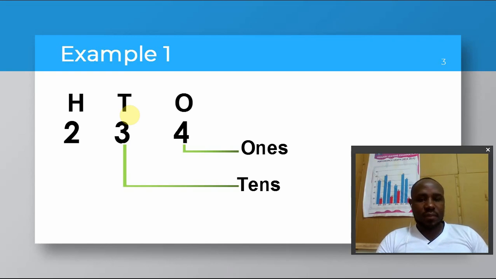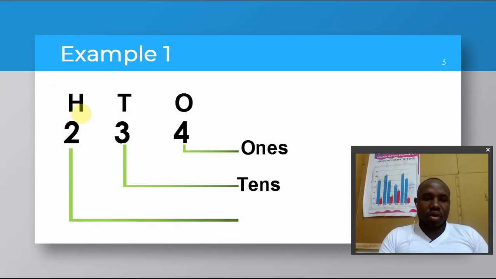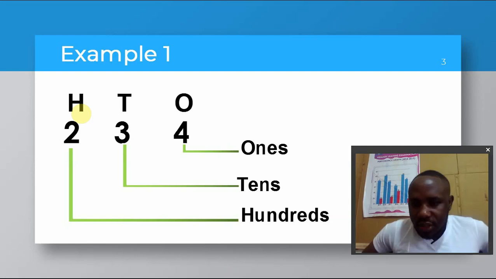Okay, let's look at the last digit. The last digit here is 2 and its place value is hundreds. Therefore, we shall write hundreds as H-U-N-D-R-E-D-S.